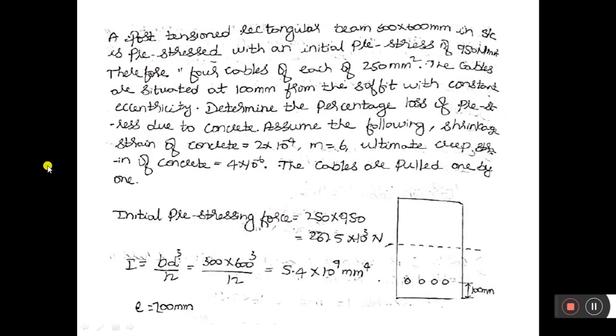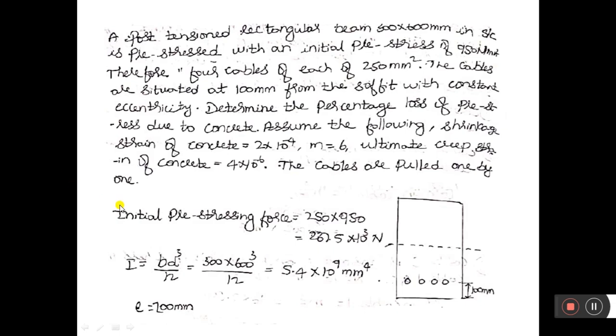So first, let us calculate the data required to calculate the different losses. The data required is the cross-section area of the member, the initial pre-stressing force, the moment of inertia, and the compressive stresses developed in the concrete with respect to the CG of the tension steel. So first let us calculate this data.